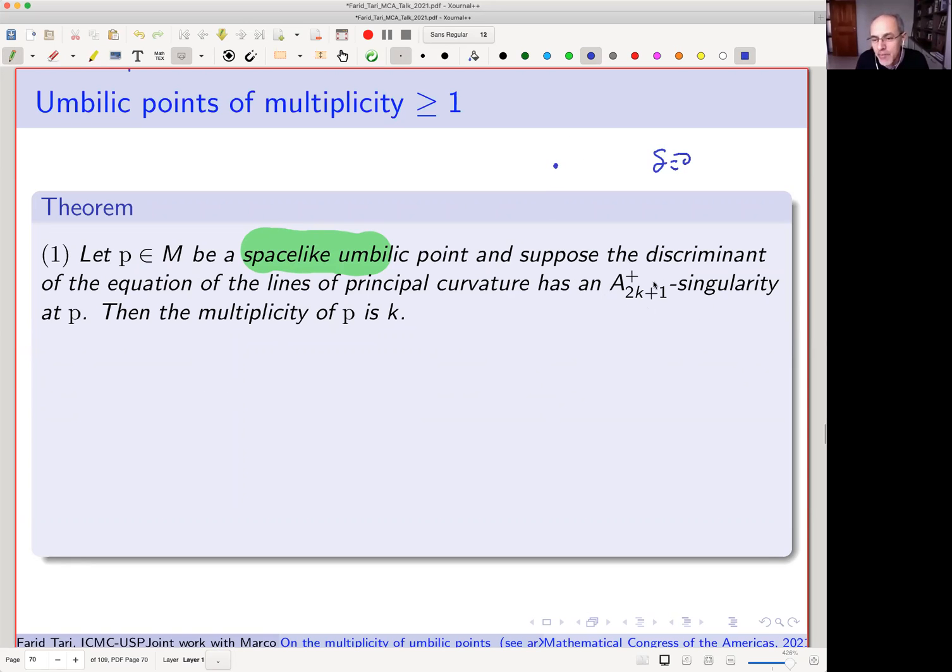So the simple singularities are of type A_{2k-2k+1}. So it's basically equivalent to V_{2k+2}. It's equivalent to this normal form of the singularity, this one.